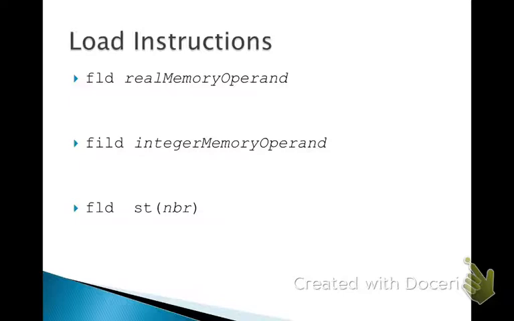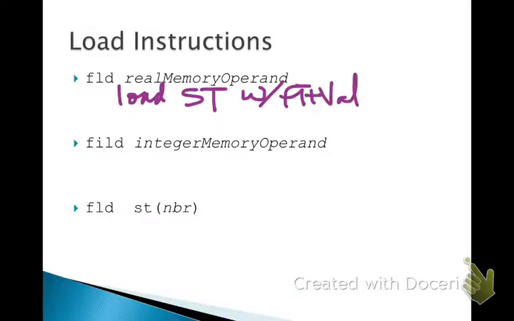Float load will do essentially what it sounds like. This will load the stack from various locations. So float load, real memory operand, is going to load stack top with whatever floating point value you have indicated.